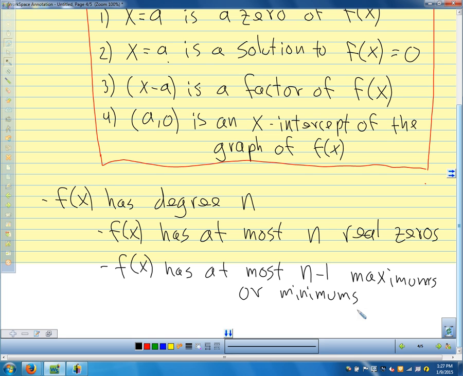Our quadratic polynomial, n equals 2, has 1 maximum or minimum. A cubic polynomial, n equals 3, would have at most 2 bumps in it, basically. So it's another way to get information about our polynomial. How many times can it cross the x-axis? How many times can it make a curve, turning around from going up to going back down?